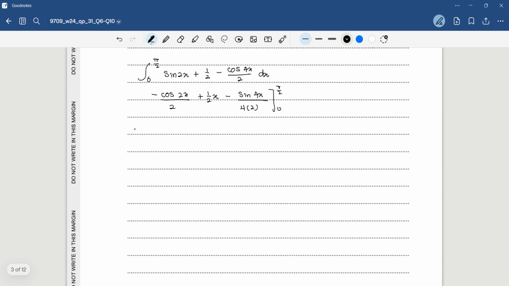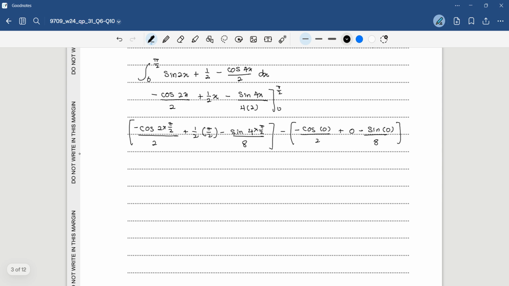So we sub in: negative cos 2 times pi over 2, over 2, plus 1 over 2 times pi over 2, minus sine 4 times pi over 2, over 8. Then minus negative cos 0 over 2 plus 0 minus sine 0 over 8.